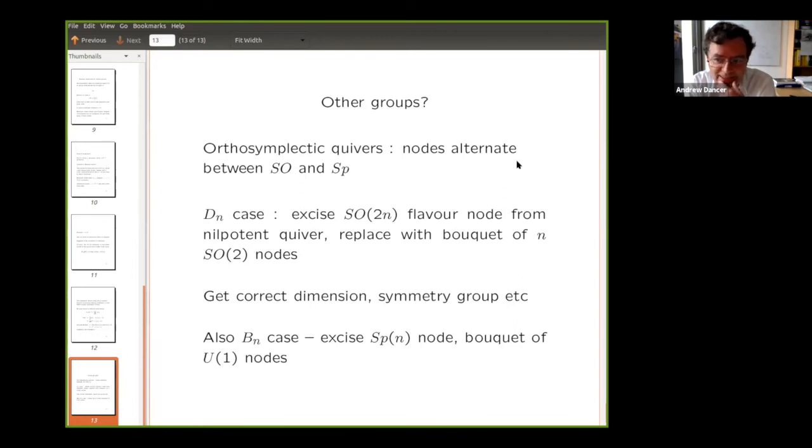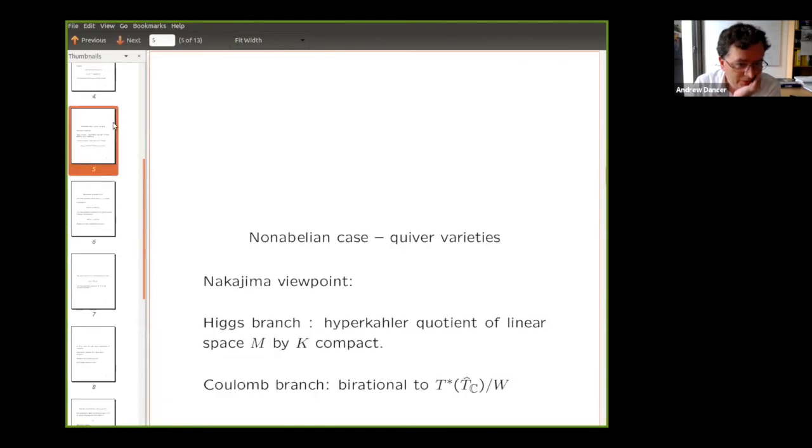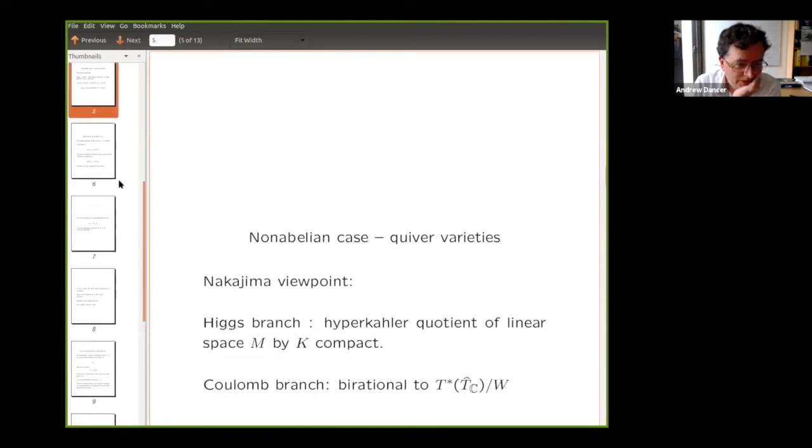More recently, the paper we're trying to conclude at the moment is about partial implosion. So perhaps let me just mention that very briefly. So where are we?